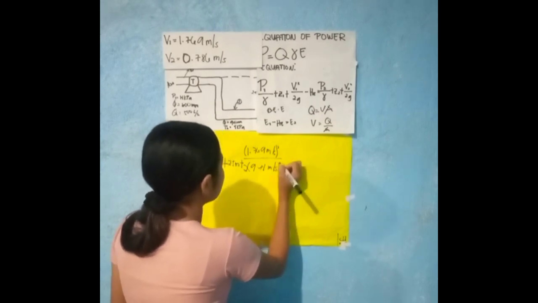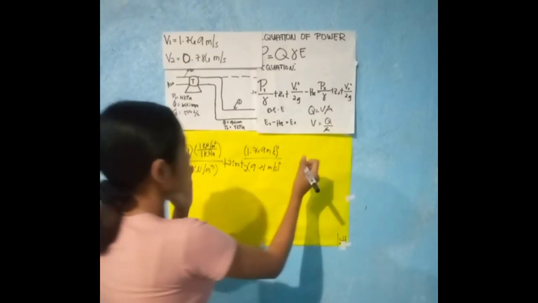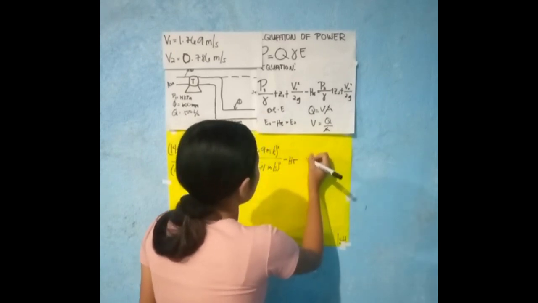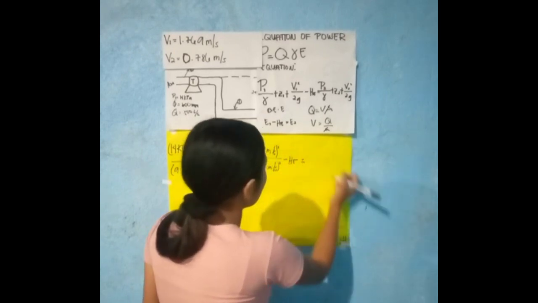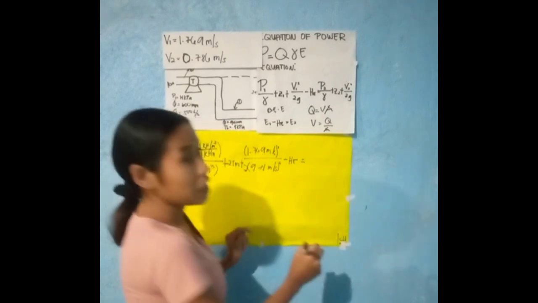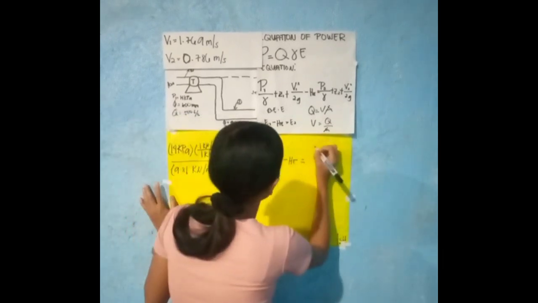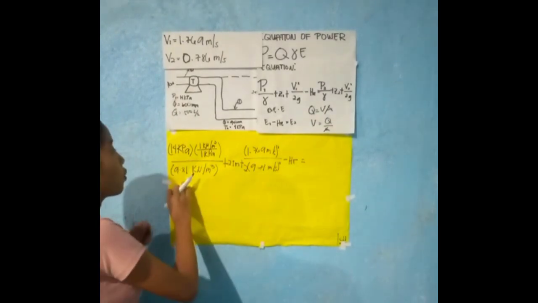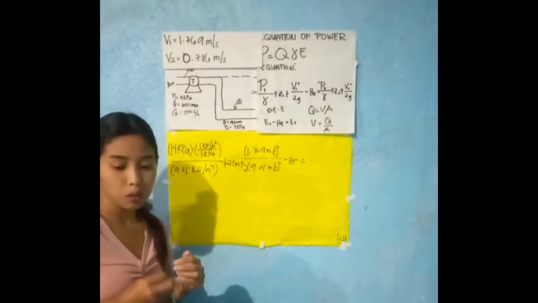And then minus HE is equal to our energy in point 2. But first, we're going to solve our energy in point 1.